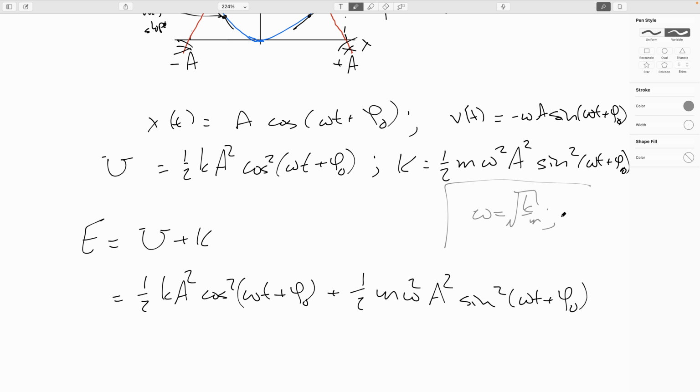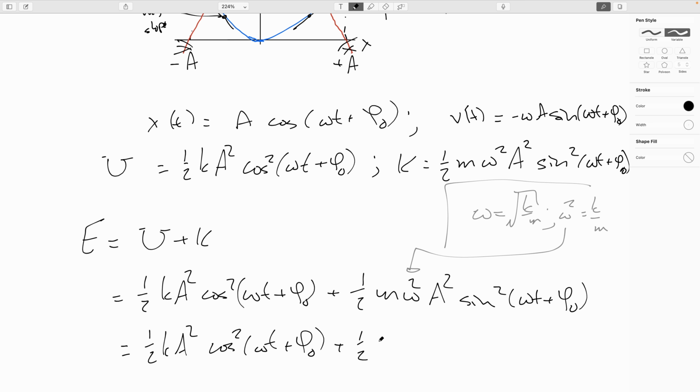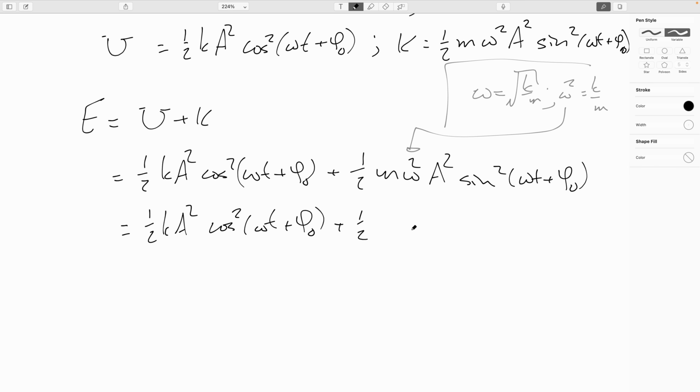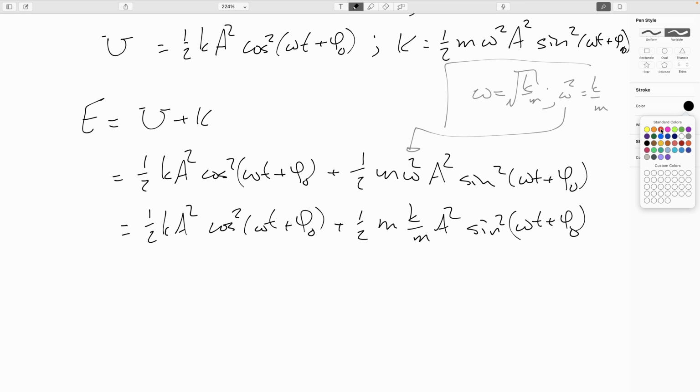So that means that omega squared is equal to just plain k over m. So I'm going to make that substitution right there. So then this gives me 1/2 k A squared cosine squared of omega t plus phi naught plus 1/2 m times k over m A squared sine squared of omega t plus phi naught. Well, for small favors, the m's cancel.